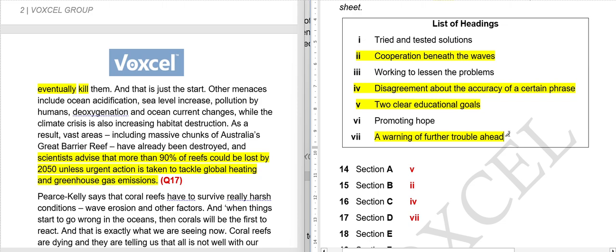Trouble ahead means the future, and they are trying to say that more than 90% of reefs could be lost. So it's a problem because they are important for life to sustain in oceans, and they are a very important part of our ecosystem. So if they become extinct, it will pose a great threat to us. So that's a warning for us. Hope it is clear.